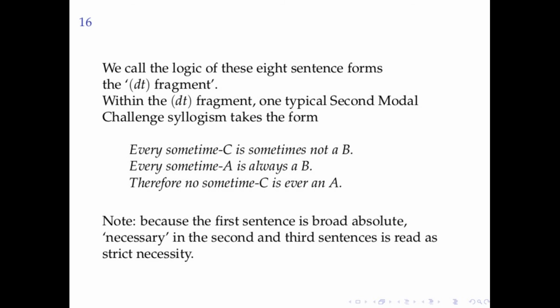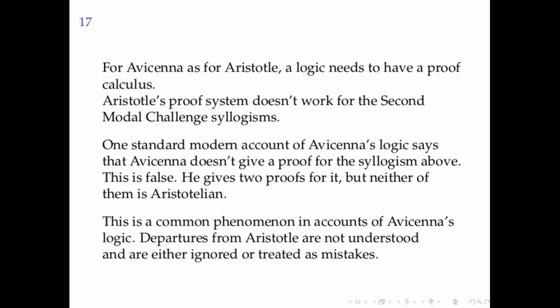Well, here's some progress. This is not the alethic syllogism that Avicenna started off with in the short epitome, but it's a kind of temporal analogue of it, and it is indeed valid. Now, Aristotle reckoned that we need to have a proof theory for our syllogisms. Some syllogisms, which he called perfect, are so obviously valid that we can regard them as axioms, if you like.